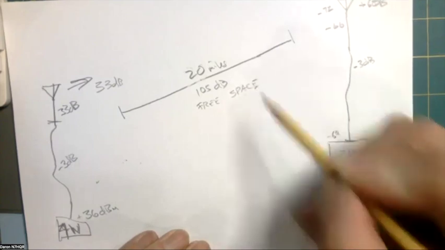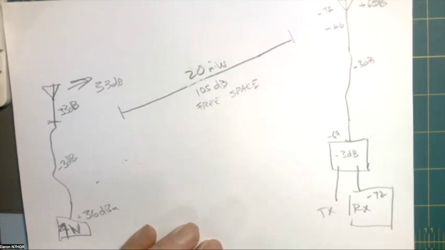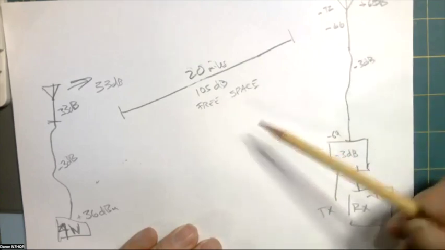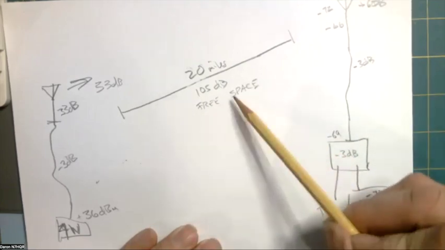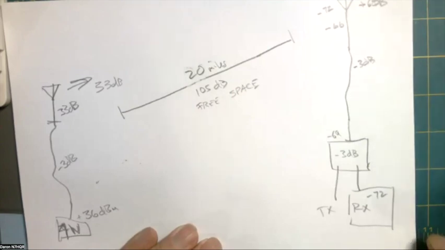So I referenced those FRS radios that you buy at Bimart that say they'll go 45 miles. They will do it if you're on Mount Shasta and the next mountain 45 miles away and there is nothing in between you. Yes, they will go that far. But most of our terrain here interferes with this free space loss. So we lose a lot more than 105 through all the trees and everything else we're going through.